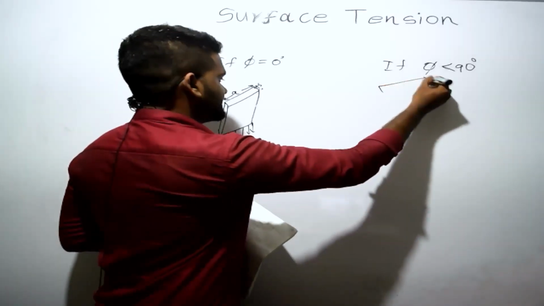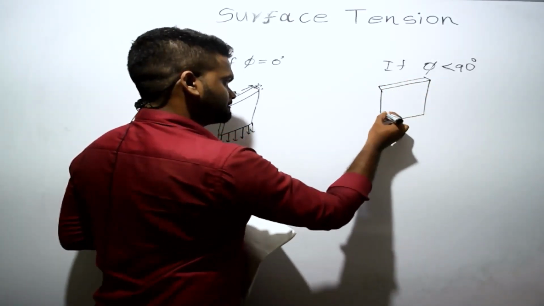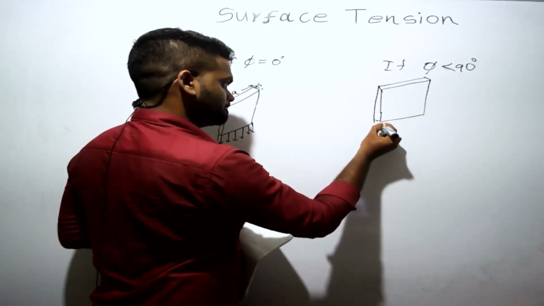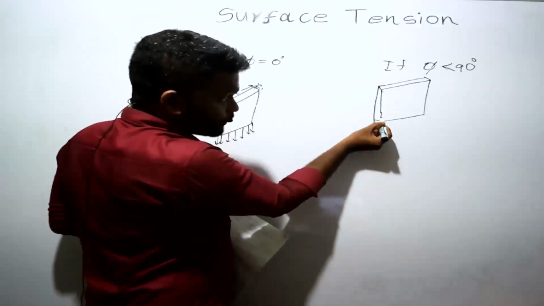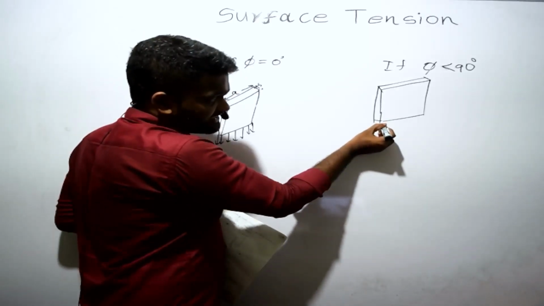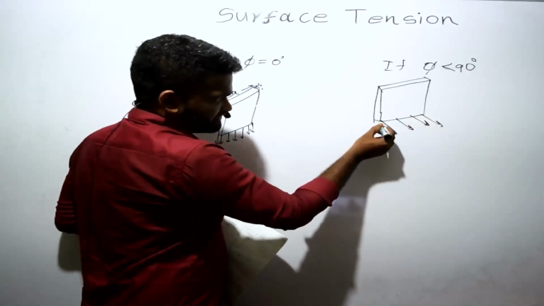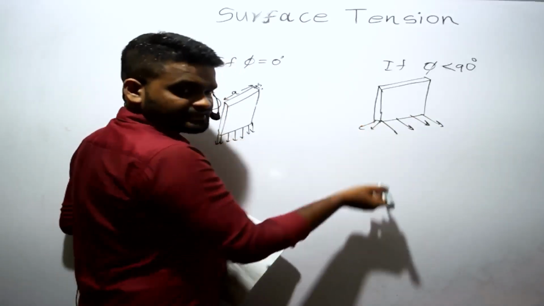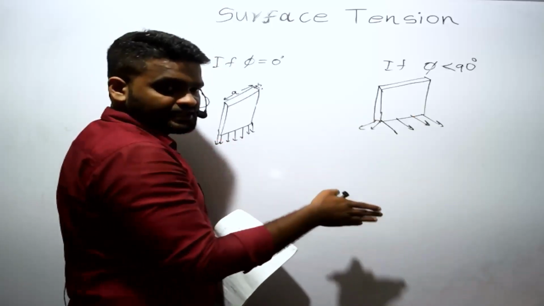Let's consider this case. The contact angle is an acute angle, so it is not along the glass surface, right? So it has an angle like this. It is kind of inclined. Surface tension forces are inclined.